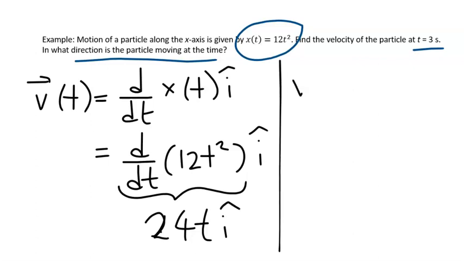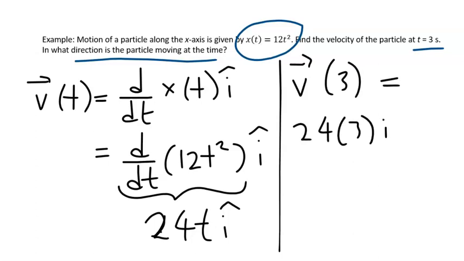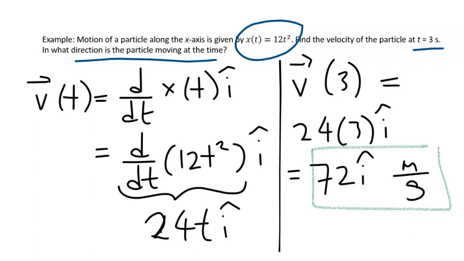So at t equals 3, it simply becomes 24 times 3 i hat, which is 72 i hat meter per second. So this is the instantaneous velocity of the object at t equals 3 seconds. And the direction of this particle at that time is given by this i hat. So we say it's moving along the positive x direction.